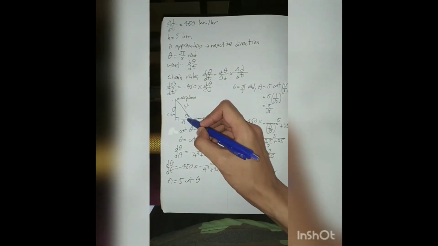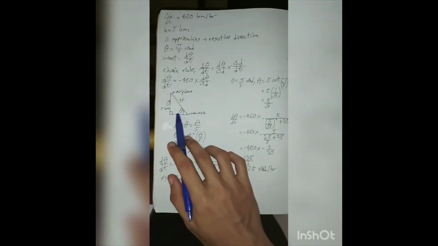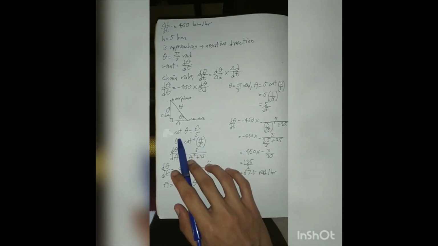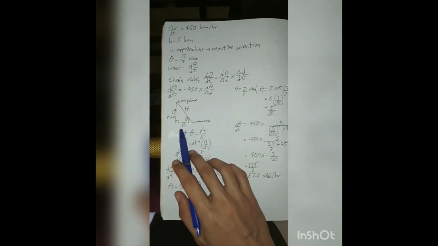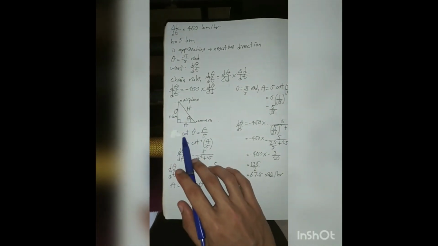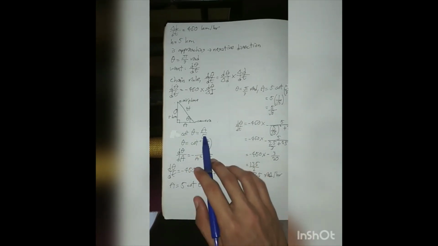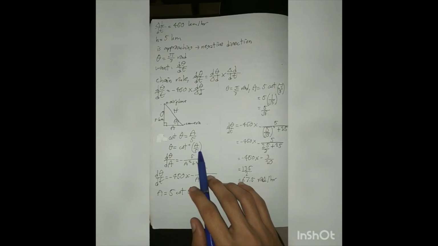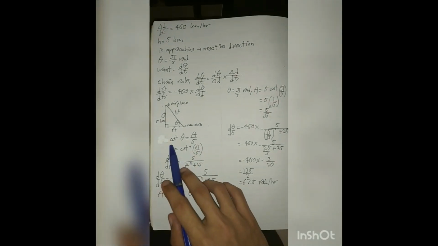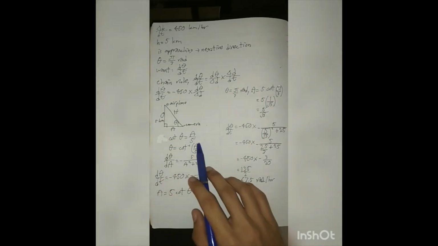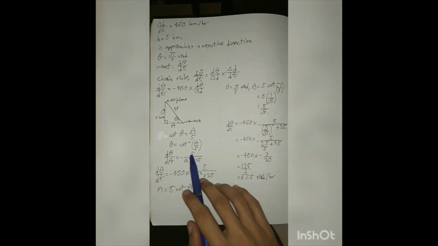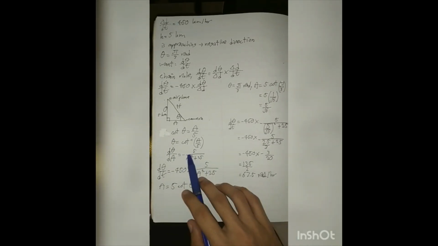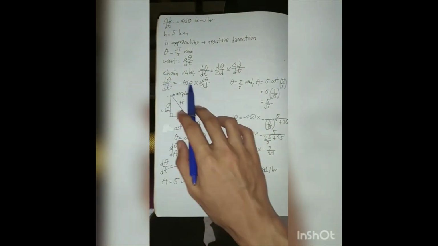And here we have theta, so we can write the trigonometric ratio cotangent theta is equal to x over 5, and theta is arc cotangent of x over 5, and then we differentiate theta in terms of x, we get negative 5 over x squared plus 25, and then we can put this in the chain rule.